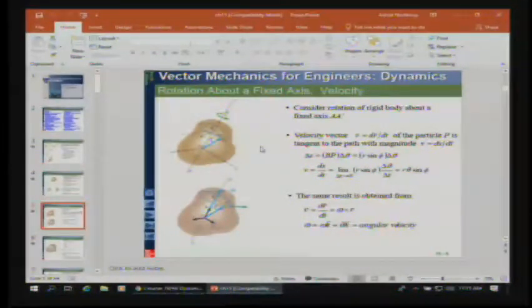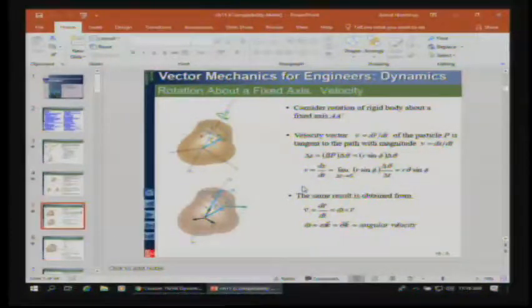Okay? So if we want to think about the velocity vector, and then in just a moment the acceleration vector, we can start by taking the arc length that P moves through on that circle and describe it based on the radius and the angle that it subtends as it moves through that rotation or part of a rotation.